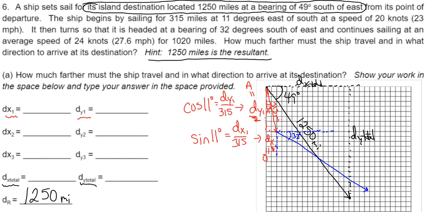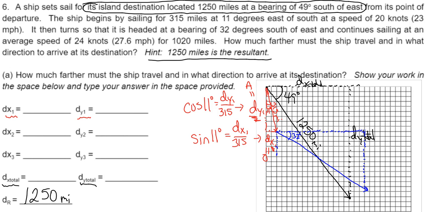Okay, so 32 degrees. So our two components now, of course, we've got the eastern component, and then I'll redraw my southern component over here so that I can make my angle with respect to the bearing that I was given.